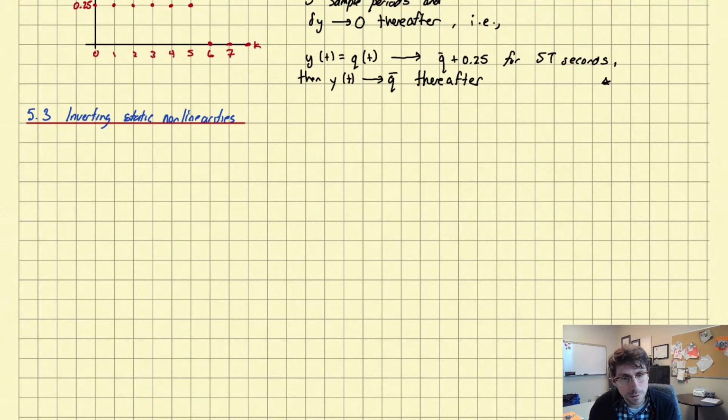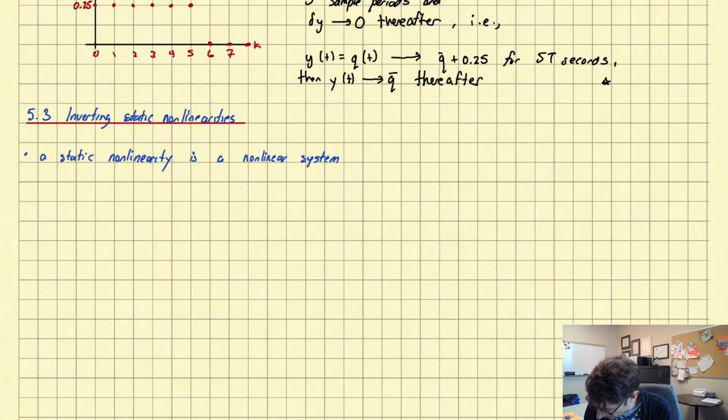So before we get into it, what do I mean by a static nonlinearity? A static nonlinearity is a nonlinear system with no dynamics. And what does that mean? That has no dynamics, i.e., the output at any moment in time of this nonlinear system only depends on the input at exactly that same time.